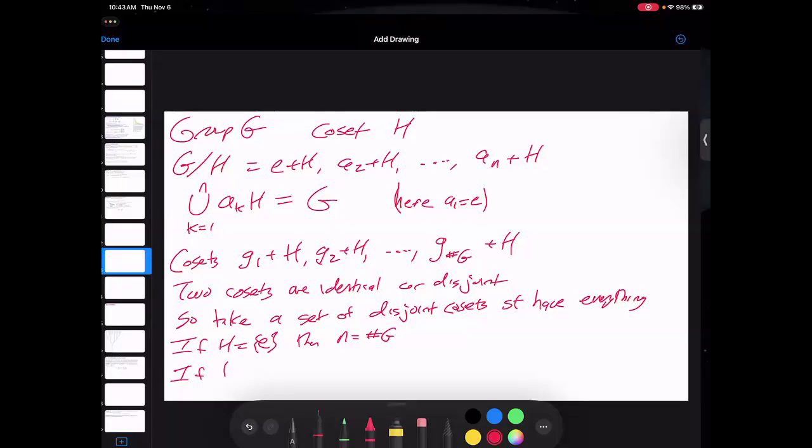If H equals G, then how many cosets do we have? If H is all of G, how many cosets do we have? Just one. And then it becomes more interesting if you choose something that's larger than the identity but smaller than all of G. Then you'll have some number of cosets.